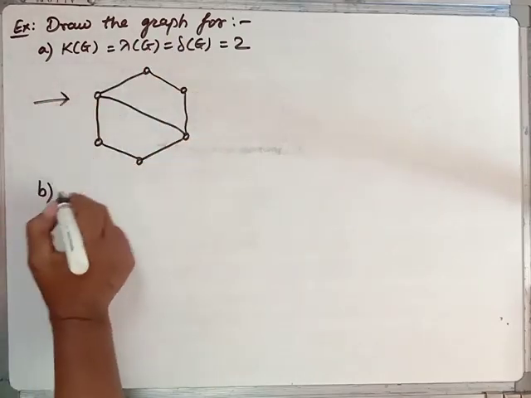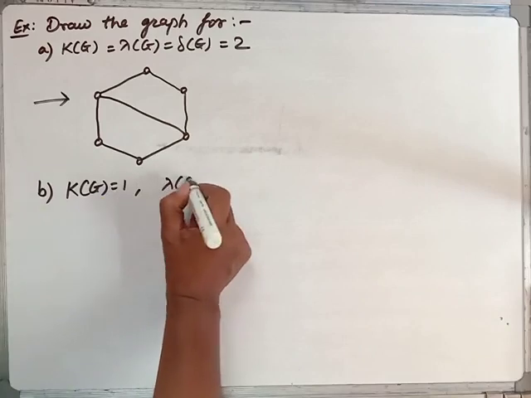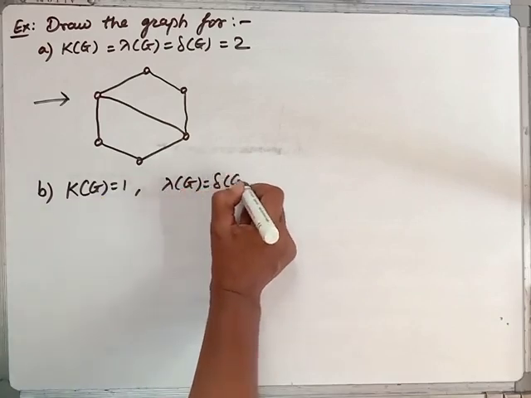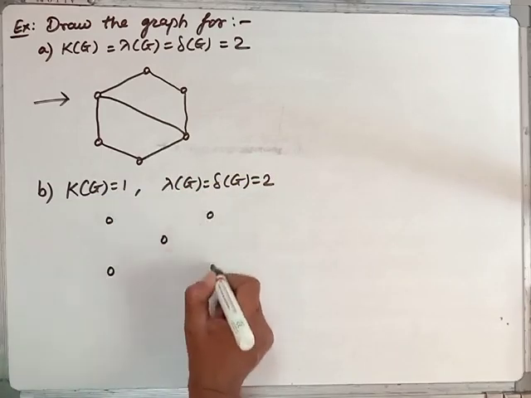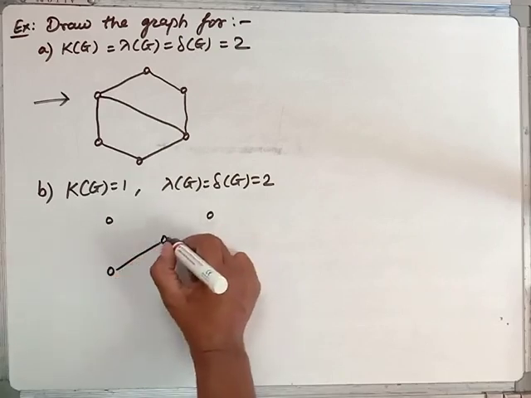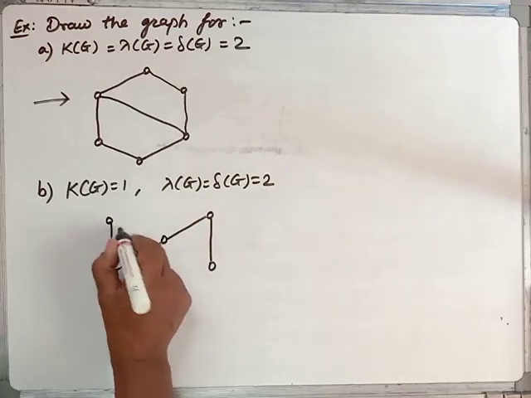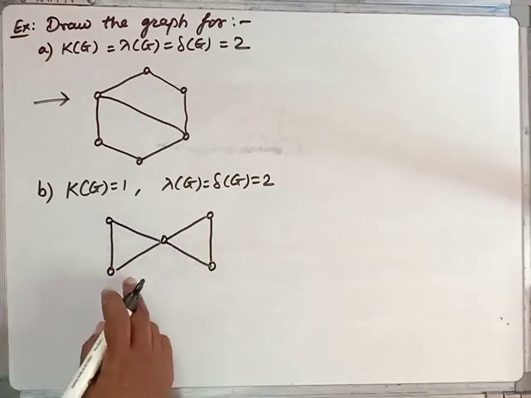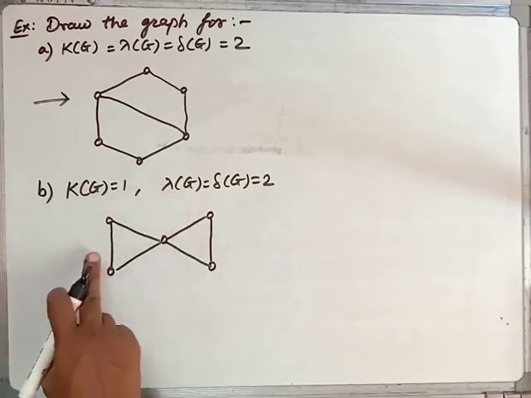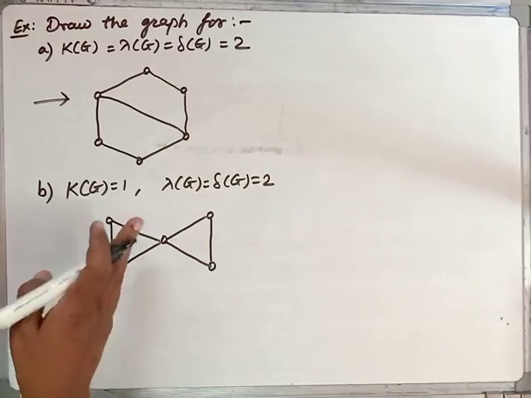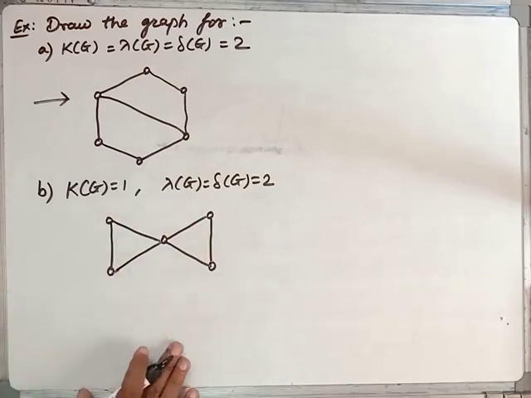Suppose I take one more: the vertex connectivity is 1, and the edge connectivity and the minimum degree are 2. Then the graph will be as such. This is a graph where vertex connectivity is 1. This is our cut vertex, and edge connectivity is 2. If 2 edges are deleted, then this becomes a disconnected graph, and the minimum degree is also 2. As such, various examples on this can be asked.